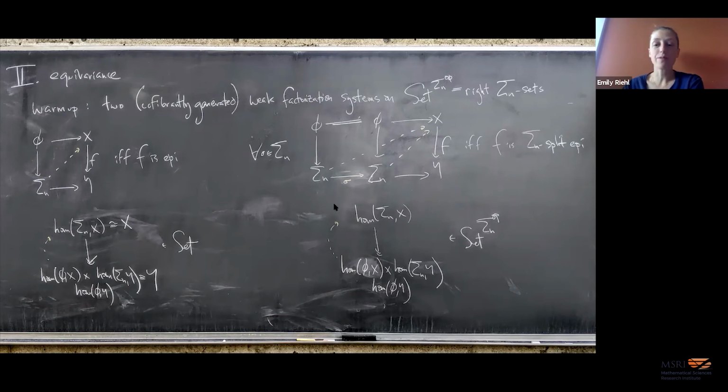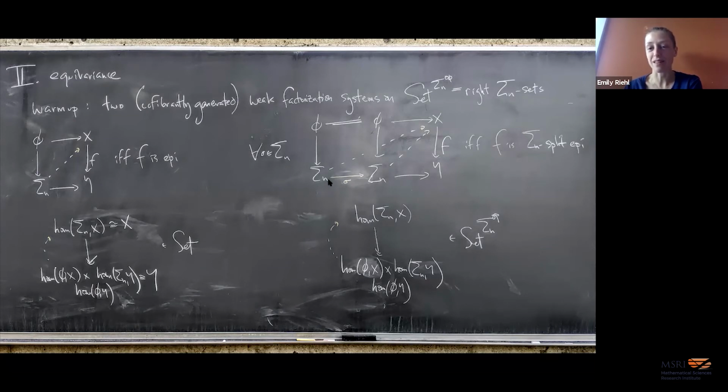Well, what's the proof? We can express the same style of reasoning. Again, to say that I had a solution to a single lifting problem, just this square on the right, would say that this map of sets has a section. But to say that those lifts are compatible with the maps here is to think of this not just as a set anymore, but as a right sigma n set.